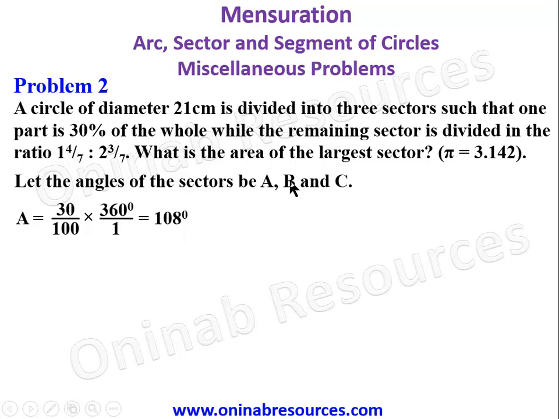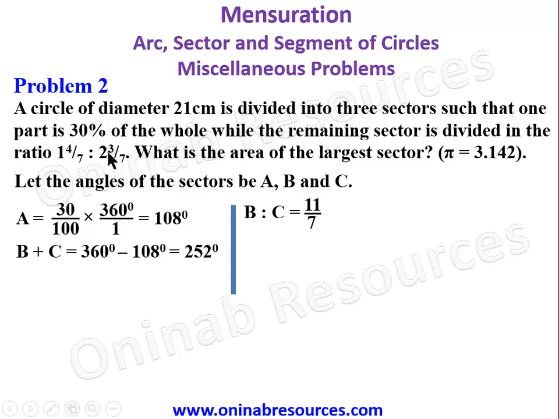And the angle of B and C, that is angle B plus C, will be 360 minus 108 degrees. That gives 252 degrees. We now divide these 252 degrees in the given ratio. So we express the ratio B to C as improper fractions. 7 times 1 gives 7 plus 4 gives 11 over 7.